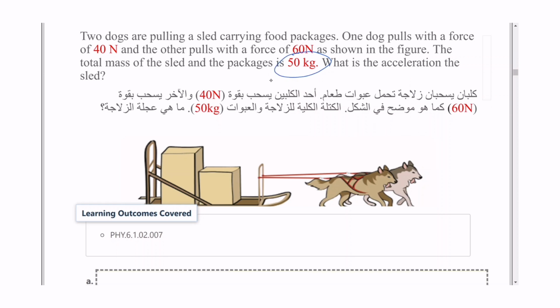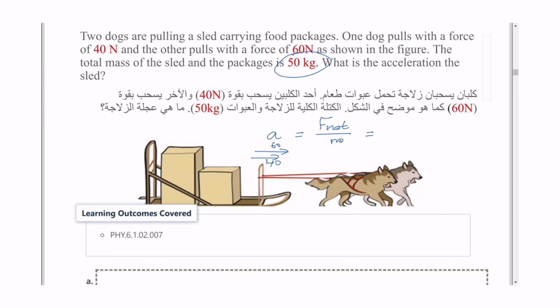What is the acceleration? Acceleration is given by Newton's second law. Acceleration of an object is always equal to net force divided by mass. So here 2 forces are pulling the sled in the same direction. So to get the total force acting along this direction, we need to add both the forces, the 40 Newton force and the 60 Newton force.